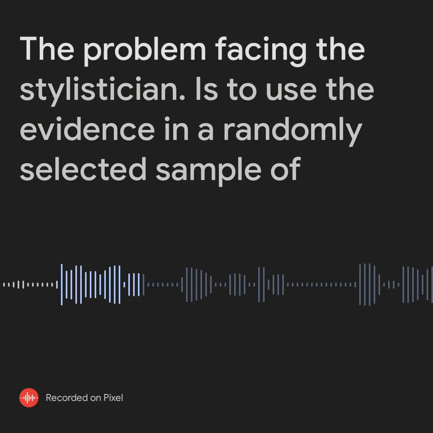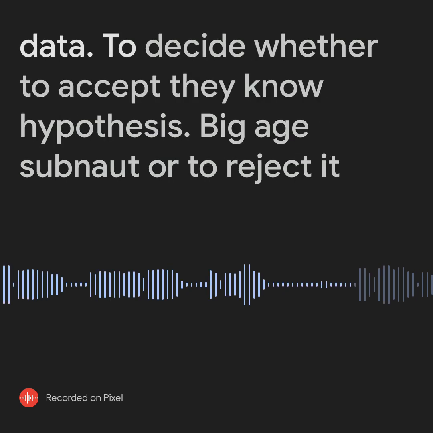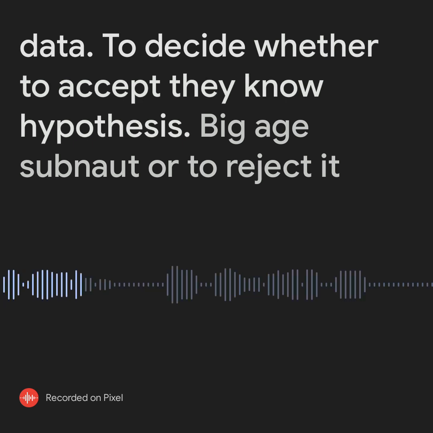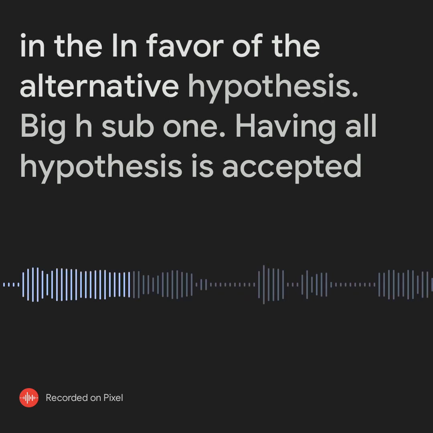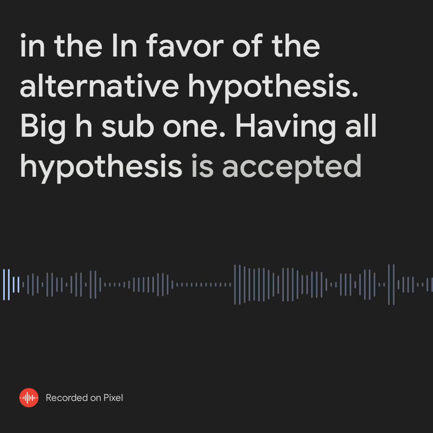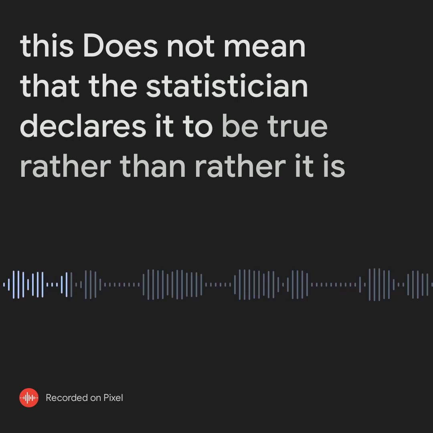The problem facing the statistician is to use the evidence in a randomly selected sample of data to decide whether to accept the null hypothesis, big H sub naught, or to reject it in favor of the alternative hypothesis, big H sub 1. If the null hypothesis is accepted, this does not mean that the statistician declares it to be true.